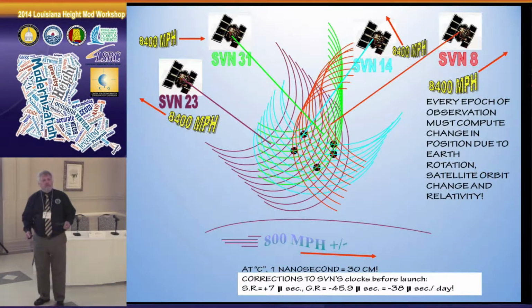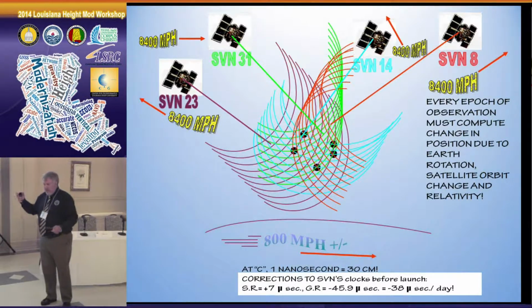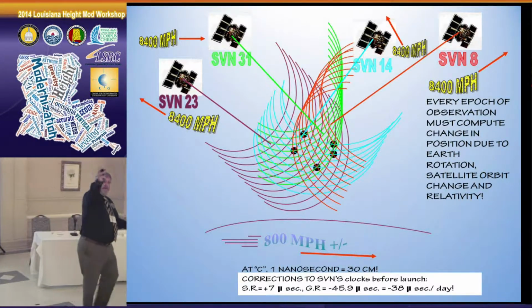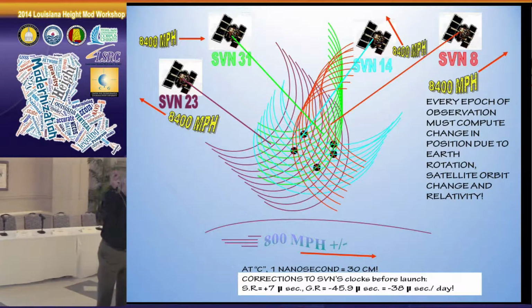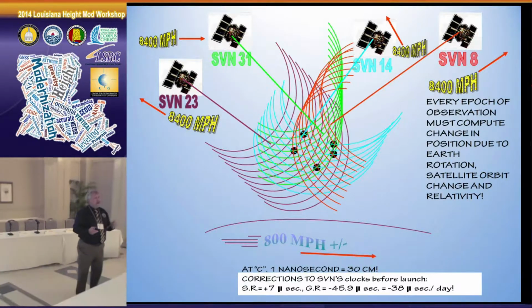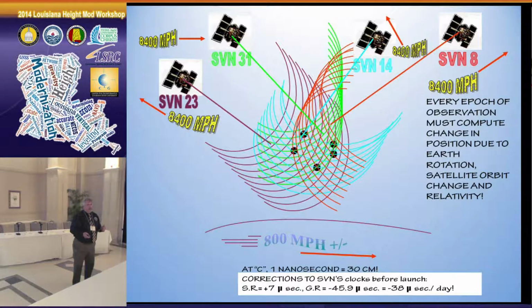Relativity comes into effect. Thank you, Dr. Einstein. Special relativity says because those satellites are going so fast away from us, or in different directions, their clocks appear to run slower to us. So we've got to correct that. We've got to add 7 microseconds to them so that they run at our speed.